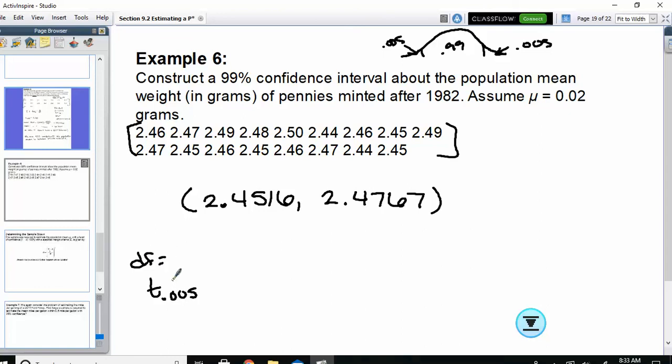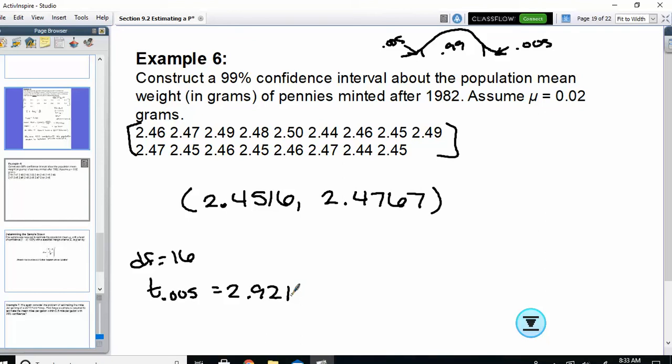How many degrees of freedom would we have? 16. There are 17 pennies here, so 17 minus 1 is 16. So you would go to your table, 16 degrees of freedom, go over to 0.005, and your t is 2.921.